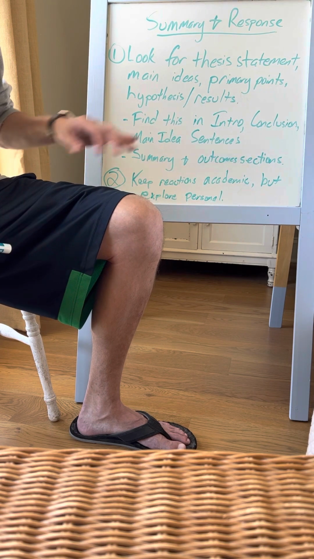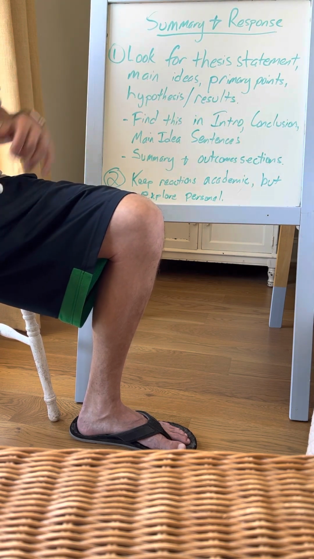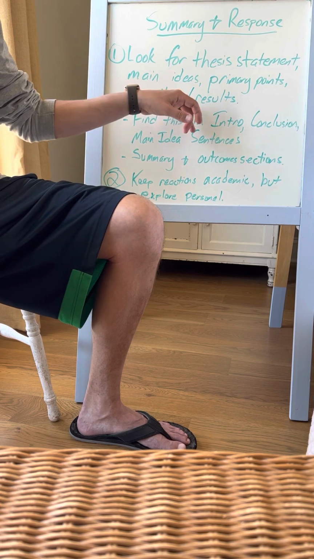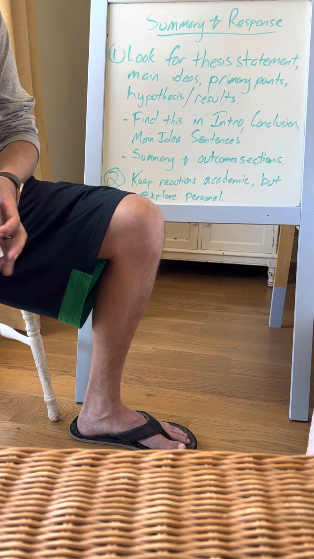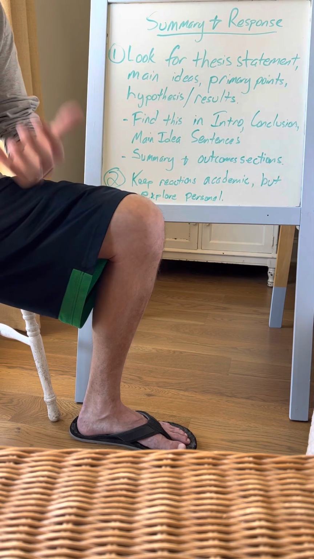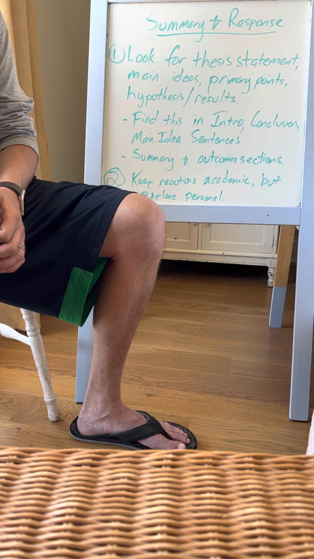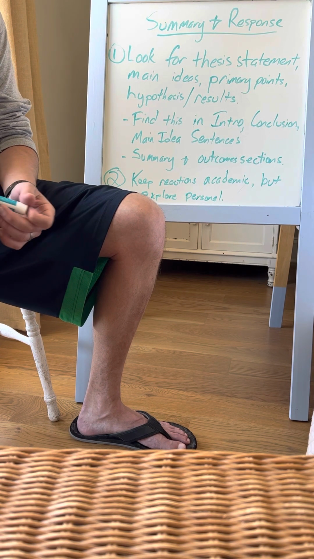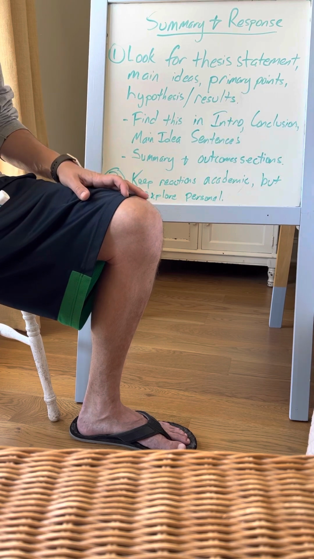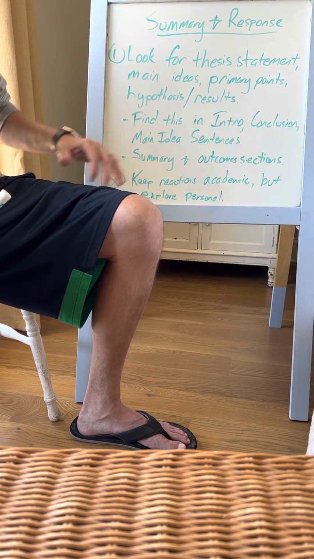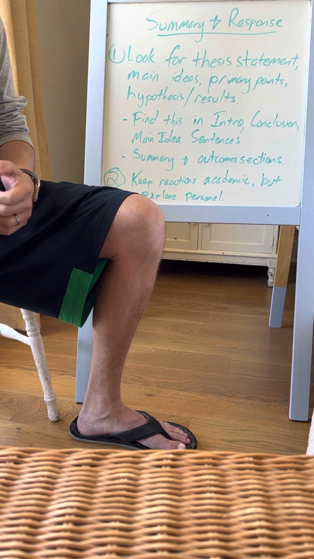The hypothesis is usually going to appear really early on. The results section should be, other than maybe acknowledgments where they're thanking people for time, money, or contribution, later in the paper.